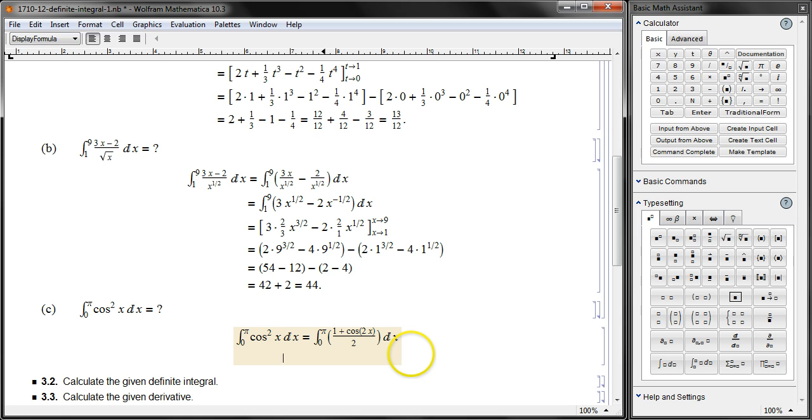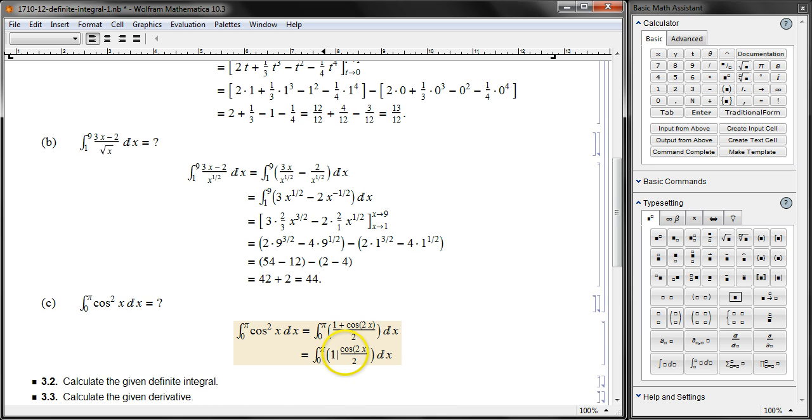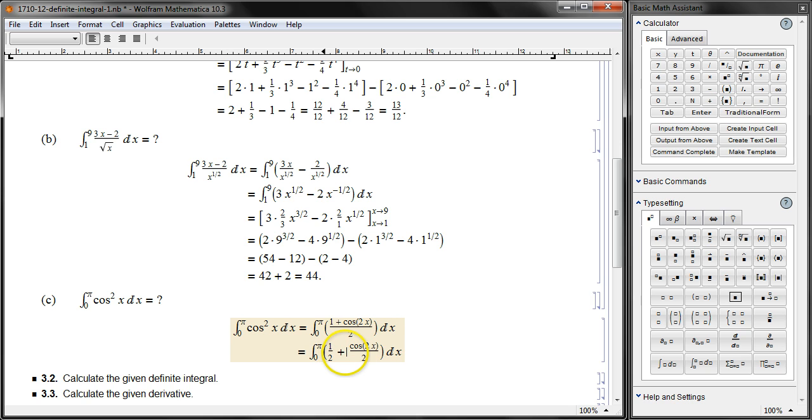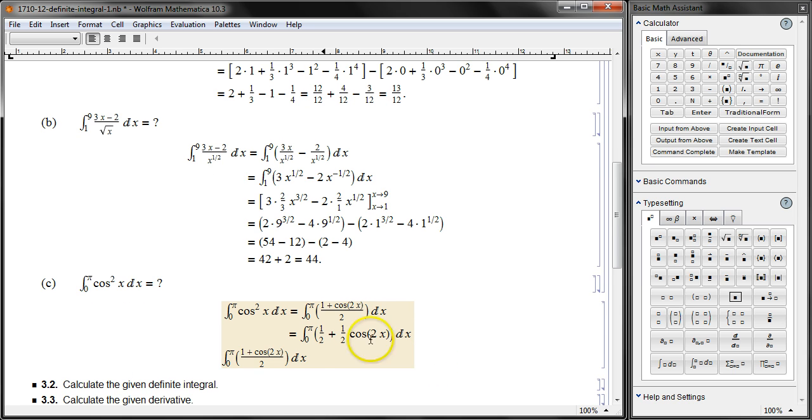For the purpose of the antiderivative computation, however, it is more convenient to separate the numerator like this: 1/2 plus 1/2 times cosine of 2x, like this.